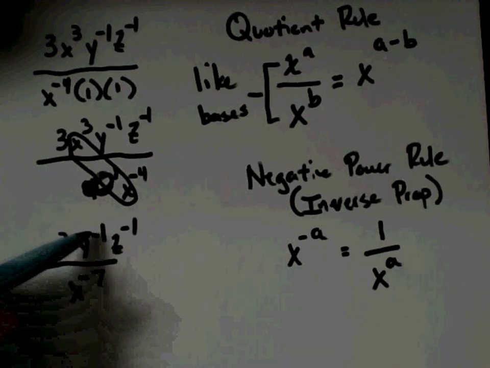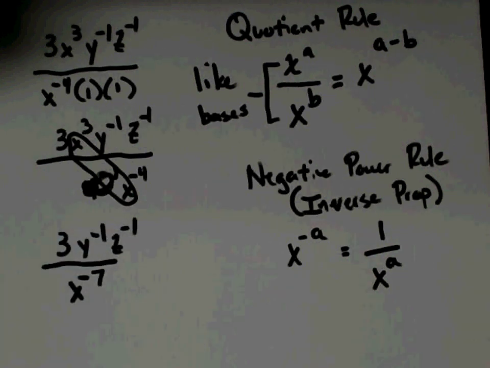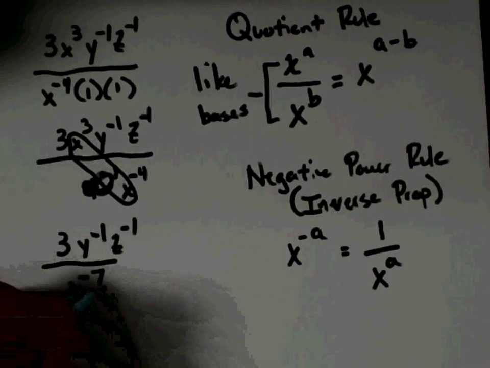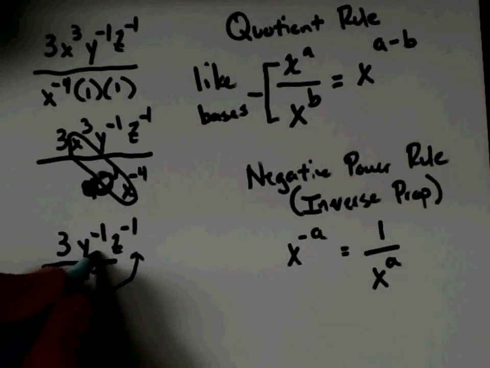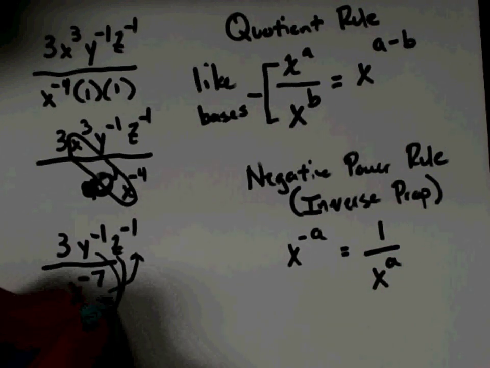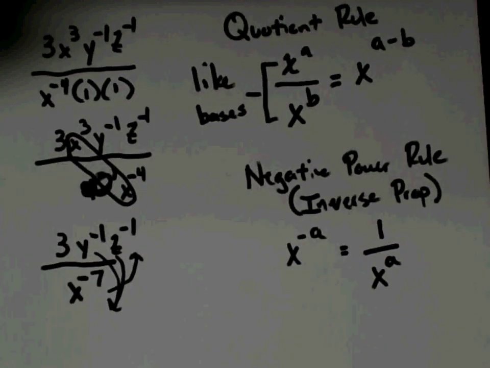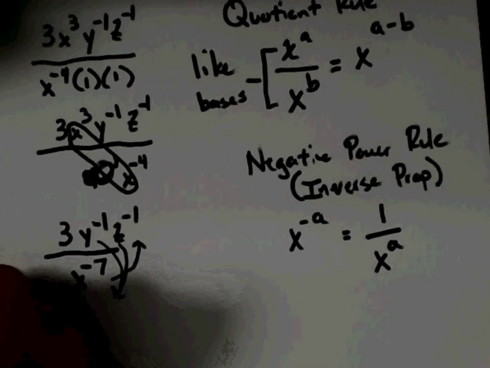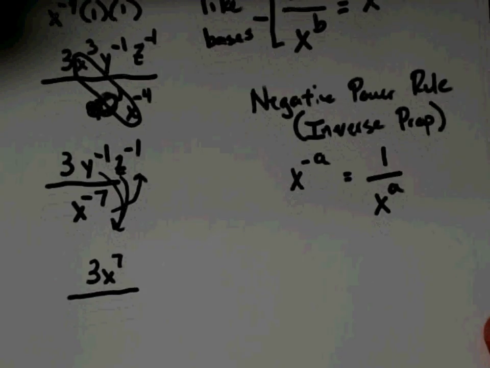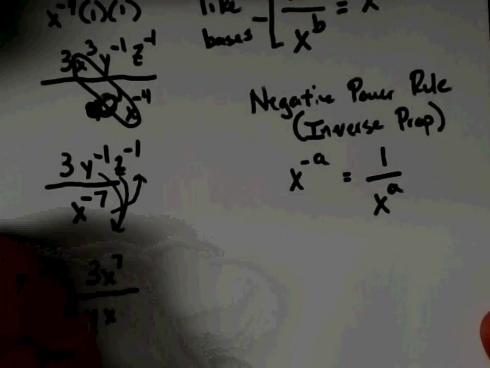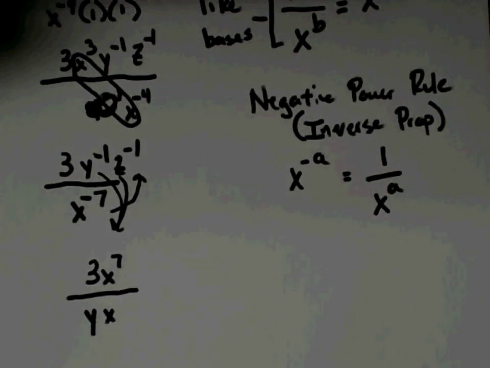And so what we have here is we have 3 negative powers, don't we? And so this negative 7 is going to go up there, and this y and z are both going to come to the bottom. We do the opposites of those. And so what I'm left with is 3x to the 7th over y to the positive 1, or just y, and z to the positive 1, or just z.